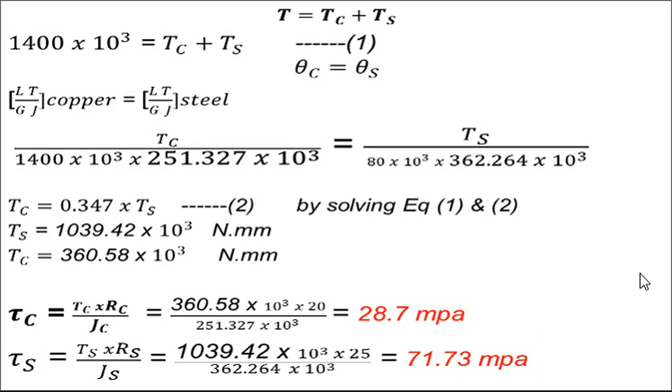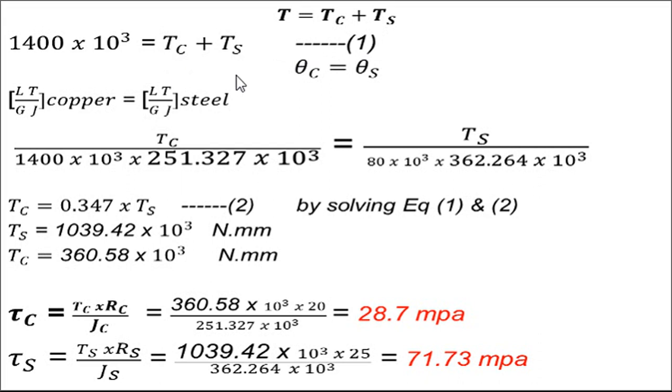So capital T is the total torque, which is equal to TC, the torque at the copper shaft, plus TS, the torque at the steel tube. The problem already gives the total torque in both sections as 1400 into 10 to 3. So TC plus TS equals the total torque, and that will be equation number 1.